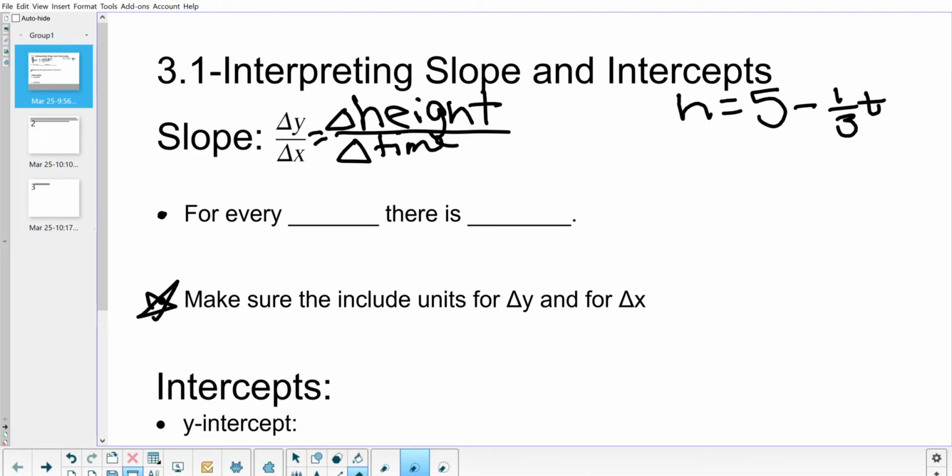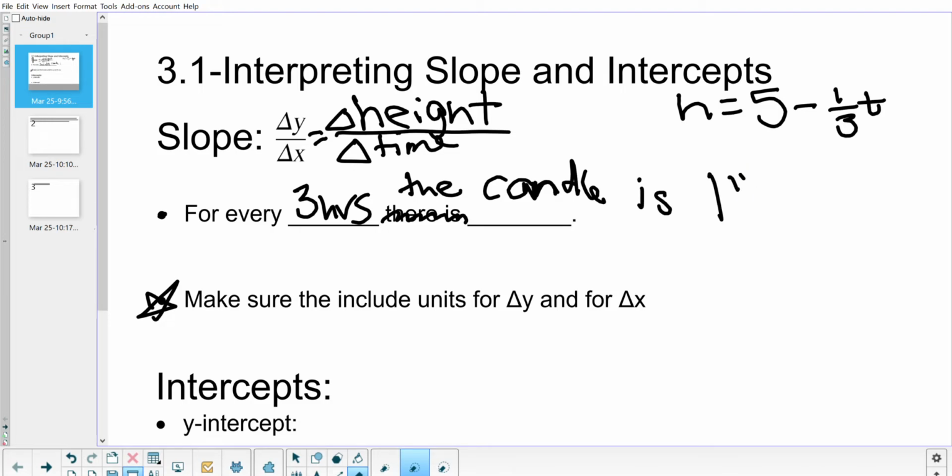So you would say, for every 3 hours, the candle is 1 inch shorter.